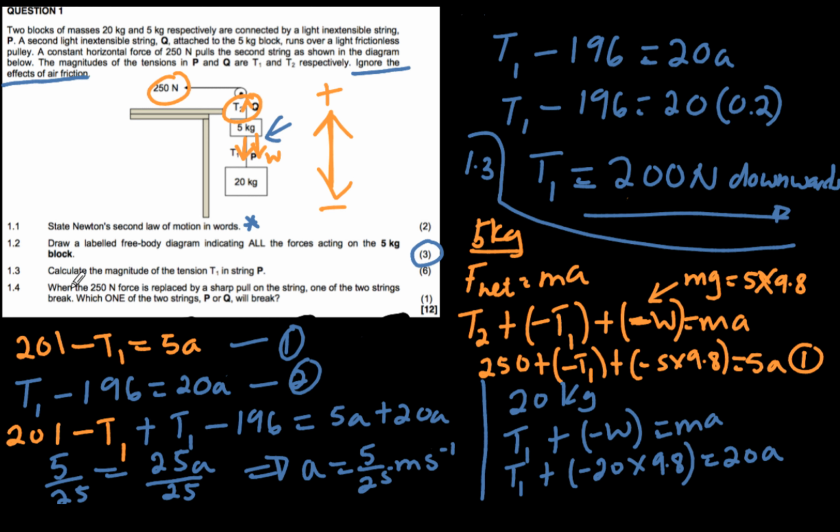That will be our final answer there. And then the last question, they say when the 250 Newton force is replaced by a sharp pull on the string, one of the two strings breaks. Which one of the two strings, P or Q, will break? If you exert a sharp pull here, the force, remember we said the force here 250 is the same as the tension there.